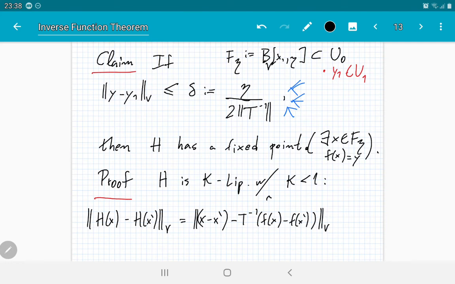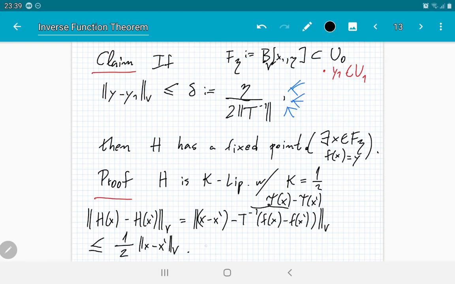Now, this thing here is psi of x minus psi of x prime, where I defined psi a long time ago. So I know that this is less than a half times the norm of x minus x prime. So h is kappa Lipschitz with kappa equal to a half.